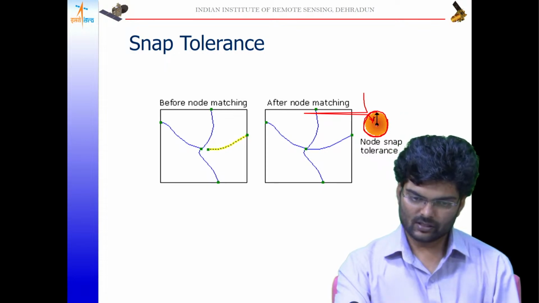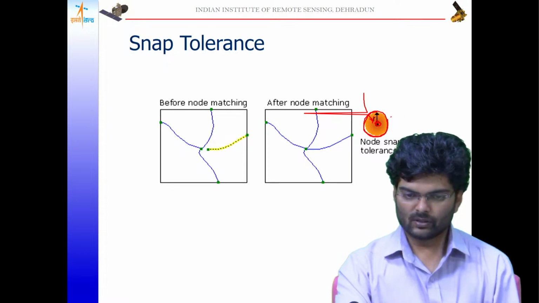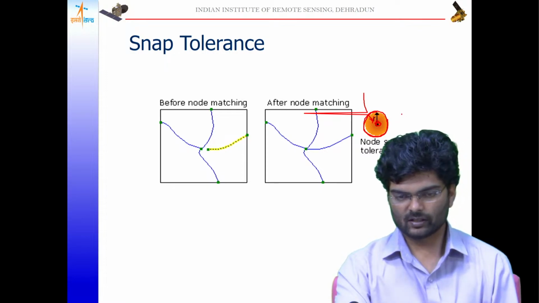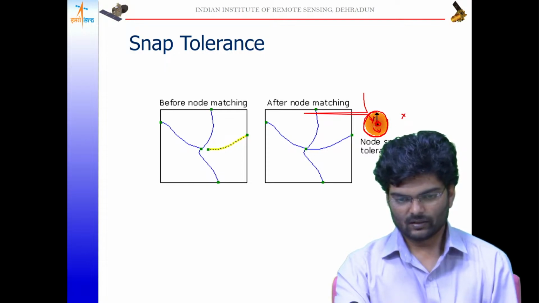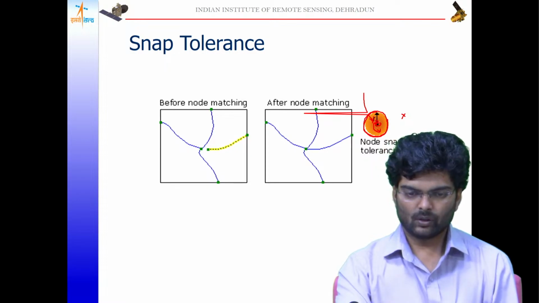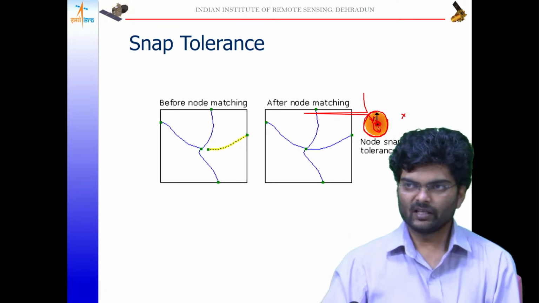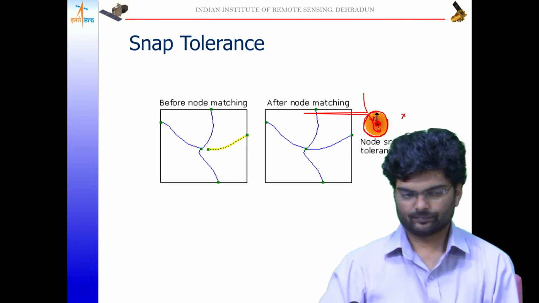For example, this is one point and the snap tolerance is r, which means within the radius circle of r, if you create any other point, for example here I can create a point, but if I try to create any point inside this circle, you will not be able to create it. It will get exactly overlaid over the existing feature.